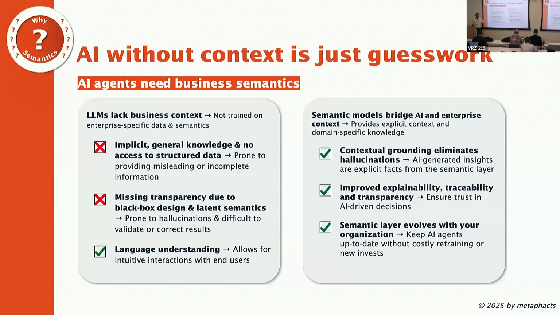All right. Why is this so important? Well, AI, as we have seen with Gen AI alone, if you don't have any context to it, it's just guesswork, right? We have this no explainability problem. We have no transparency on how answers are generated. We see the potential of the technology in terms of language understanding and working with language and detecting user intents. But we saw hallucinations. We saw problems with this.